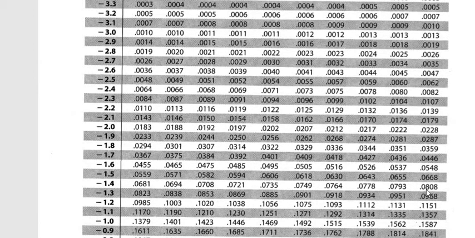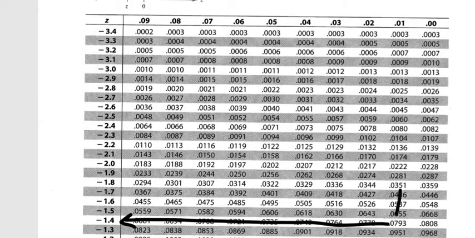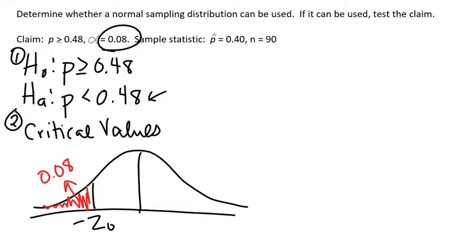I also see 0.0808. And actually the 0.0793 is the one that's closer. Therefore, that's the one that I'm going to use. And that corresponds with negative 1.4, and I'm going to have to scroll up. Negative 1.41. So my critical value here is negative 1.41.